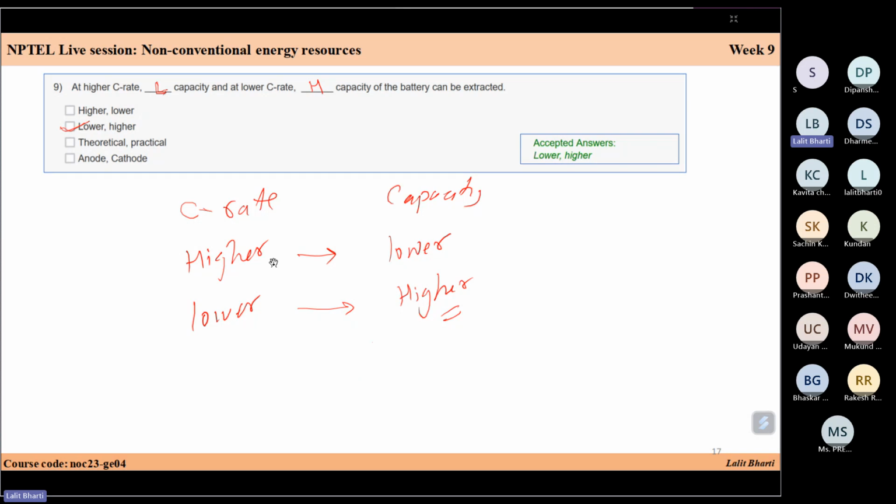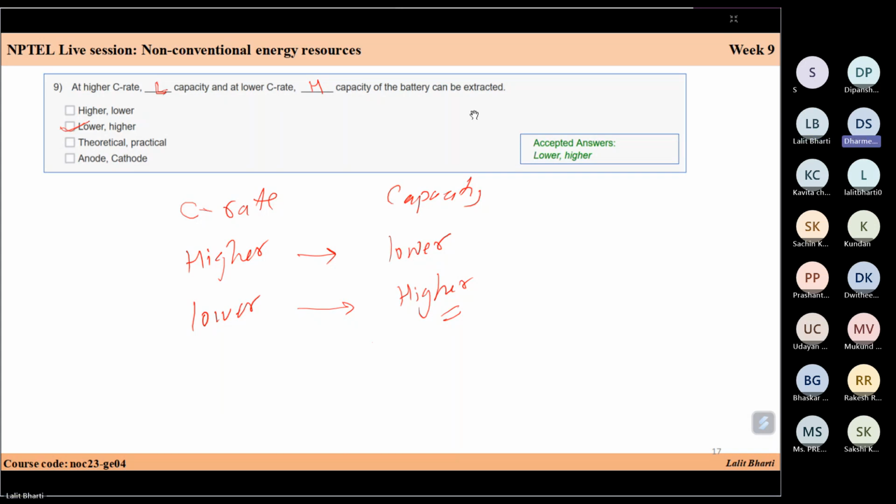If you perform this reaction very fast, it will not perform efficiently, your capacity will be lower, and your cycle life will also get lower. So option two is correct: at higher C rates, lower capacities are found, and at lower C rates, higher capacities are achieved for a battery.